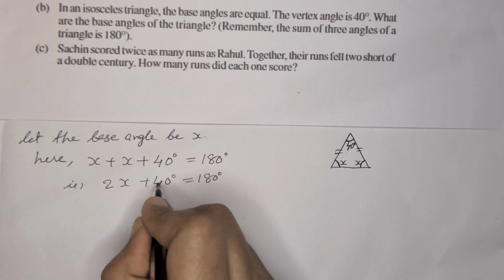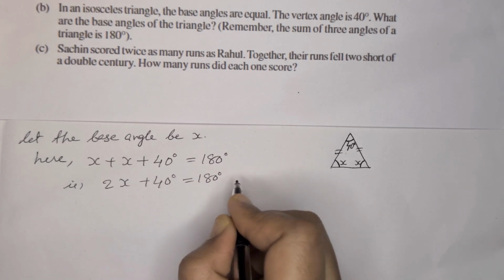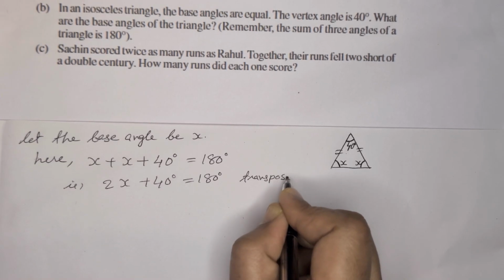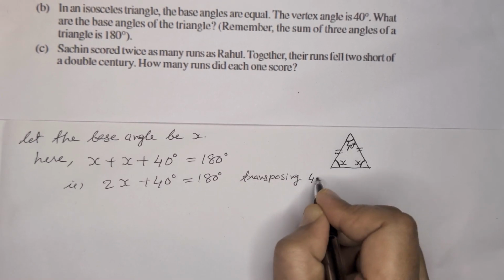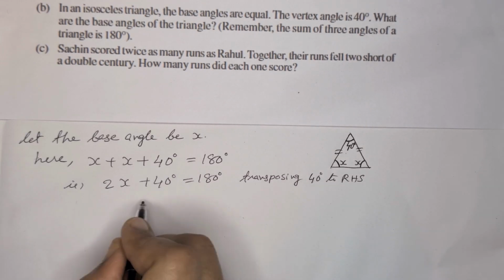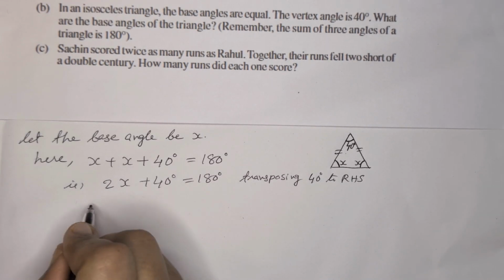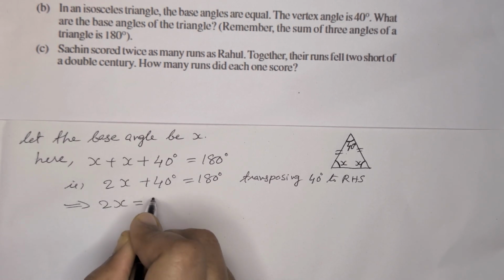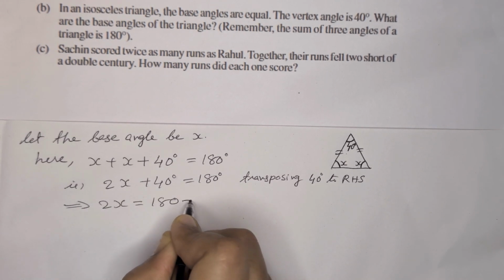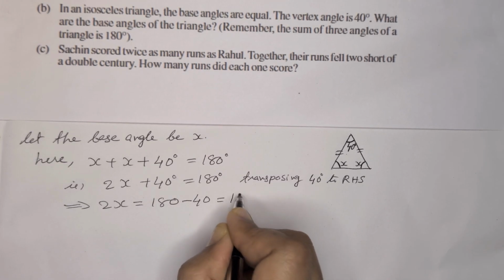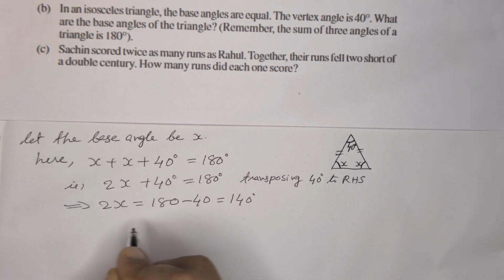Now we have to move this 40 to the other side. Transposing 40 degree to RHS, 2x is equal to 180 minus 40, which is 140 degree.